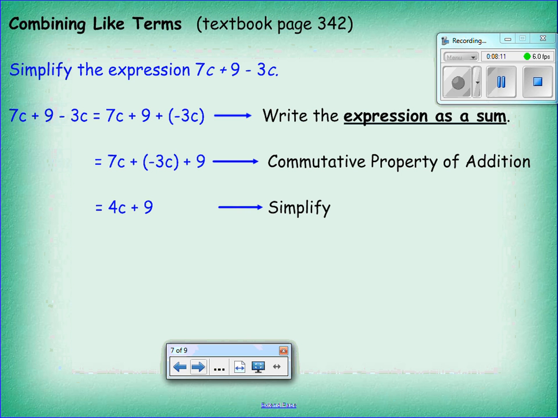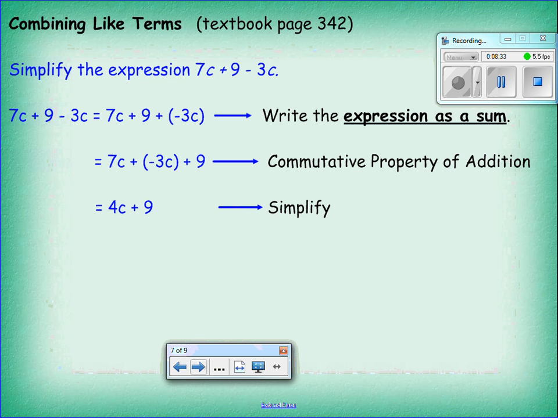If it is subtraction, you do what, class? In our expression right here, 7c plus 9 minus 3c, we are going to write the expression as a sum: 7c plus 9 plus negative 3c.